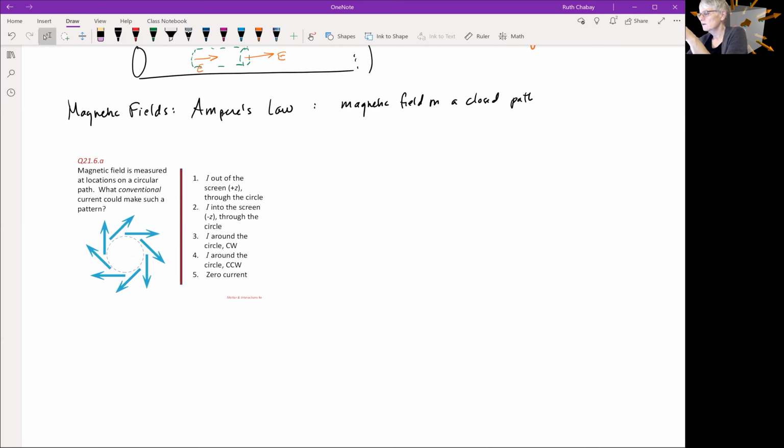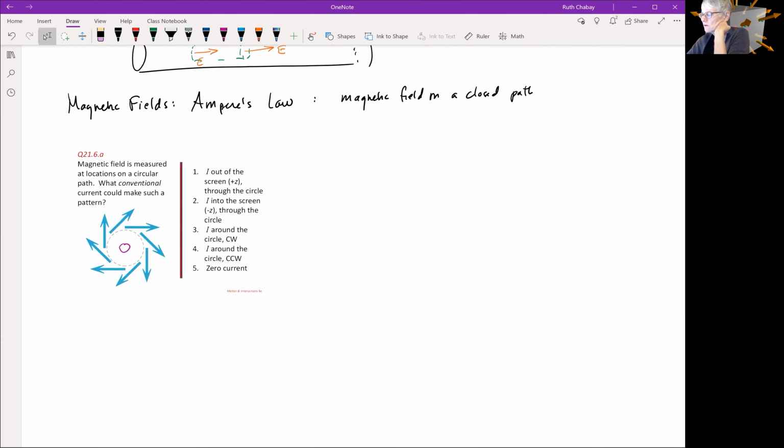Okay, so you think that it's a current coming out of the screen in the plus Z direction. So let's see, if we point our fingers in the direction of I, and then we'd have a vector R to the observation location.